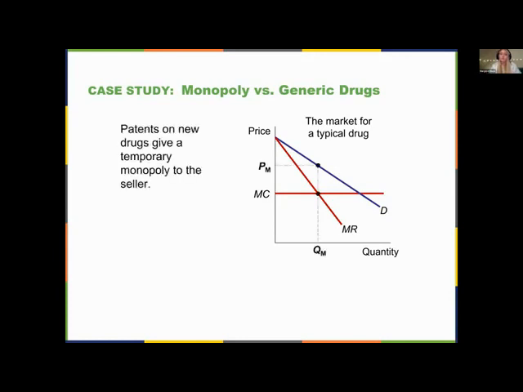So, if a specific pharmaceutical company in the world is the first one to develop the vaccine for the coronavirus, they're most likely going to want a patent on that specific formula.